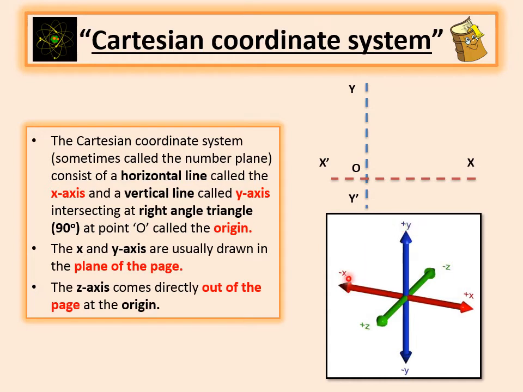Now this is the representation of the three axes x, y, and z. In this representation we can see that the three axes are perpendicular to each other. Now this is the representation of the xy plane. In this representation, the x and y axes are perpendicular to each other.